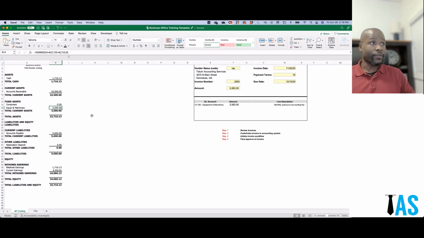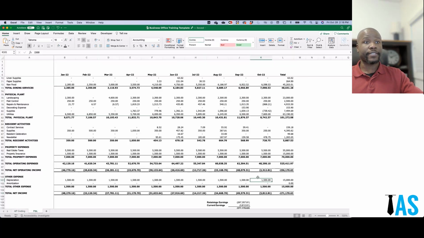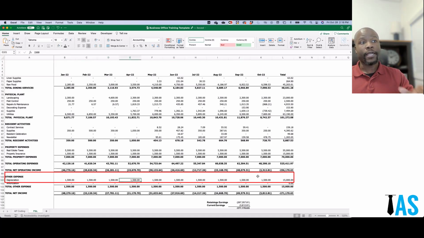So you effectively can divide your total amount by the useful life, because typically in our industry we're going to do financials monthly, and so we want to show that depreciation expense. Let me go over to the P&L and show how that expense works. Forget about the numbers, this is kind of a mock P&L, but that expense is going to show up on our P&L monthly for the next 5 years until the full 3,500 is gone.